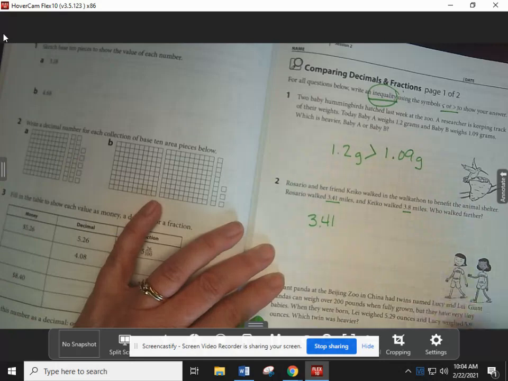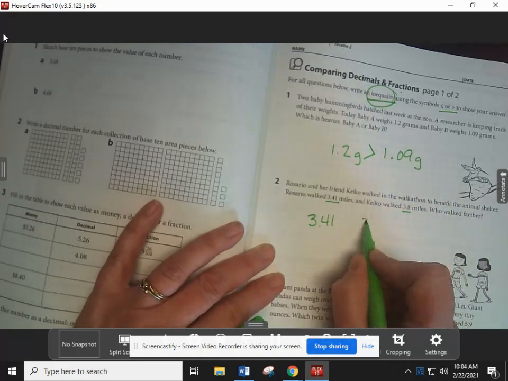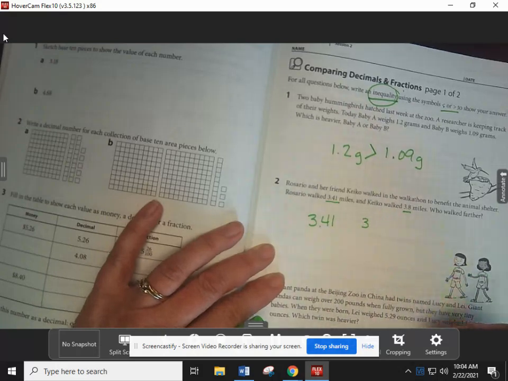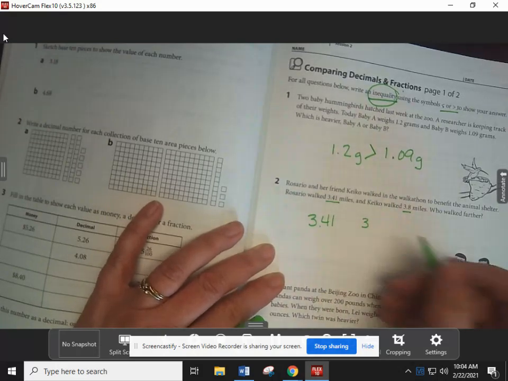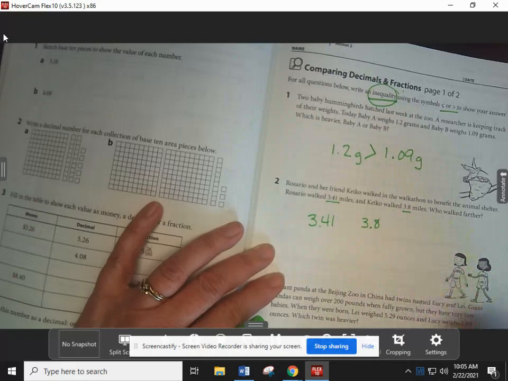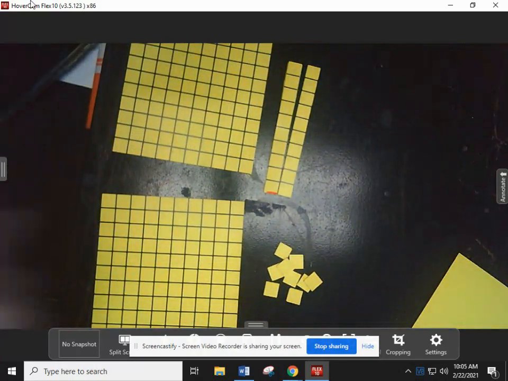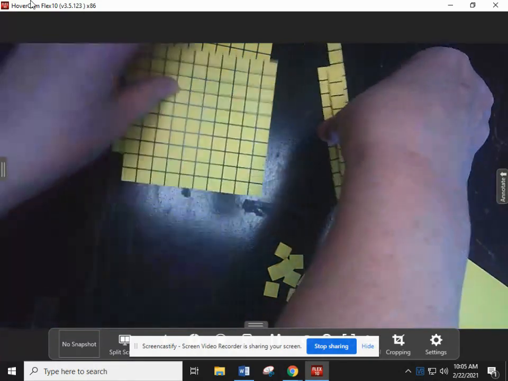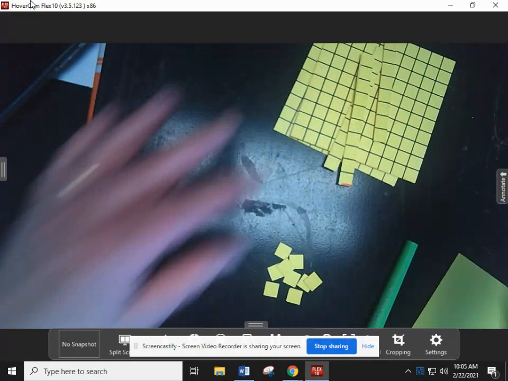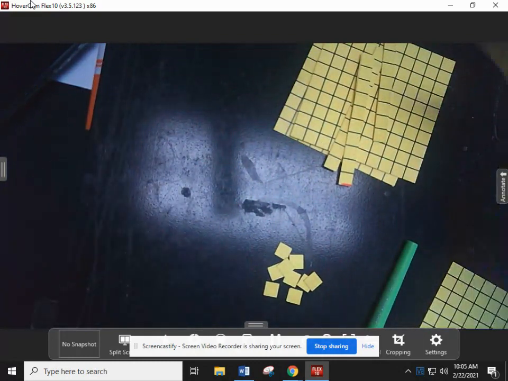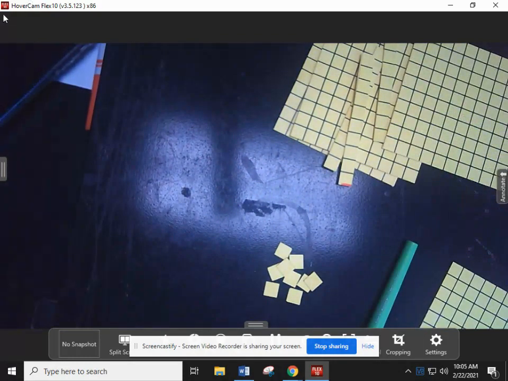Kiona. Okay, Luke? 3 8/10. How many of you need your pieces to help you figure this out, or do you think you can see it by looking at the numbers and thinking about it? If you want pieces, you can have those.